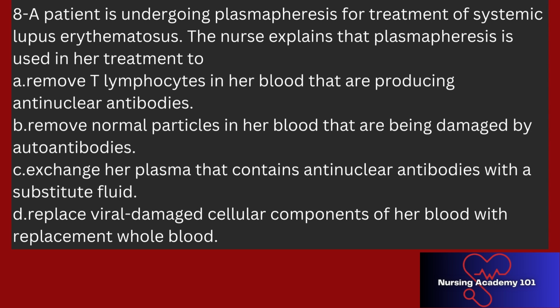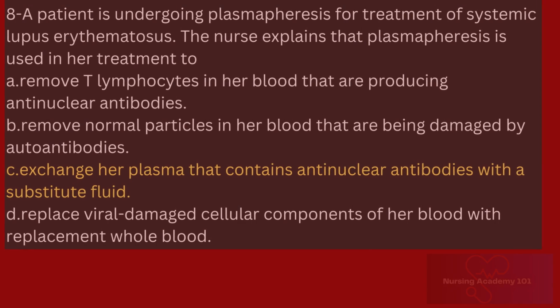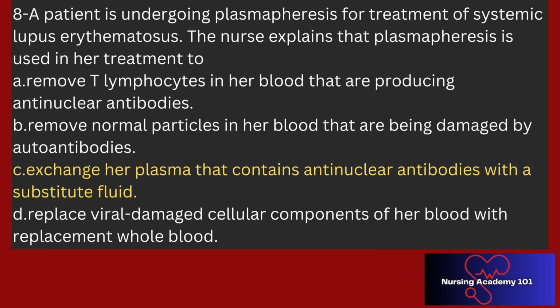B. Remove normal particles in her blood that are being damaged by autoantibodies. C. Exchange her plasma that contains antinuclear antibodies with a substitute fluid. D. Replace viral damaged cellular components of her blood with replacement whole blood. The answer is C. Exchange her plasma that contains antinuclear antibodies with a substitute fluid.